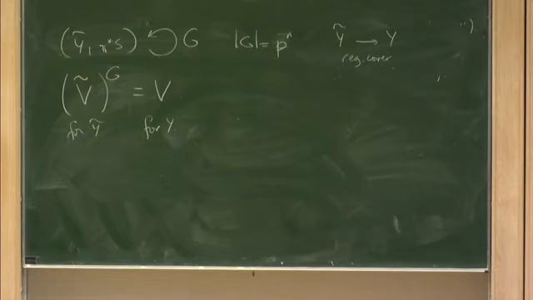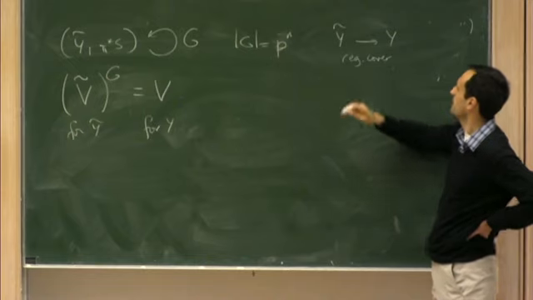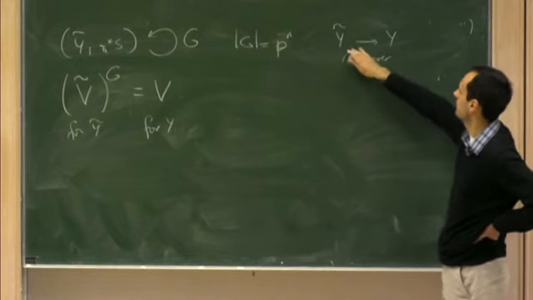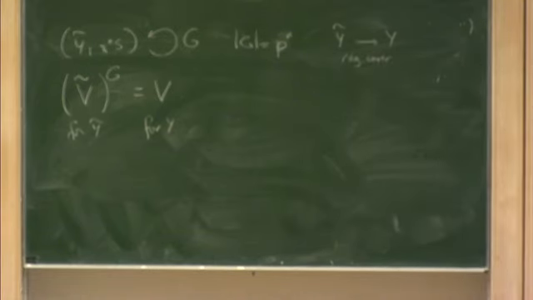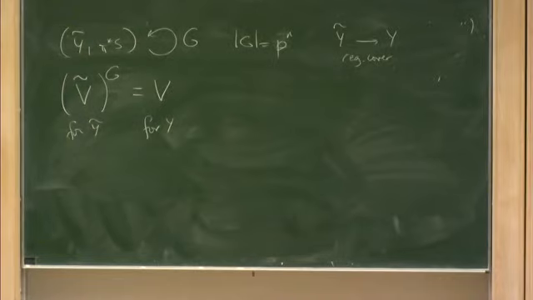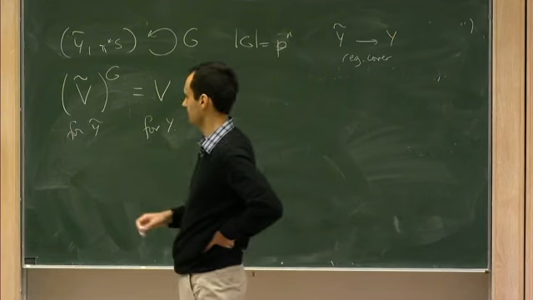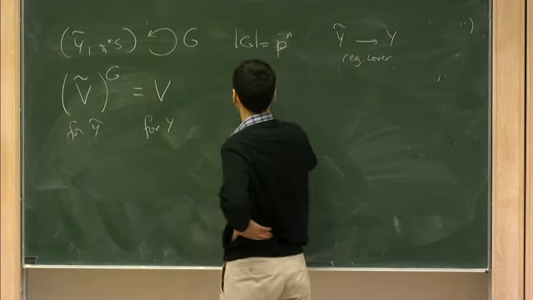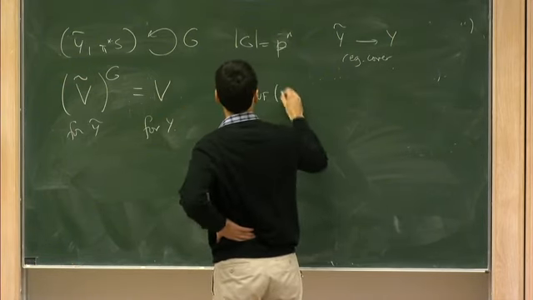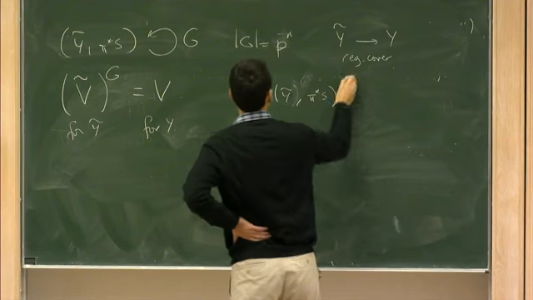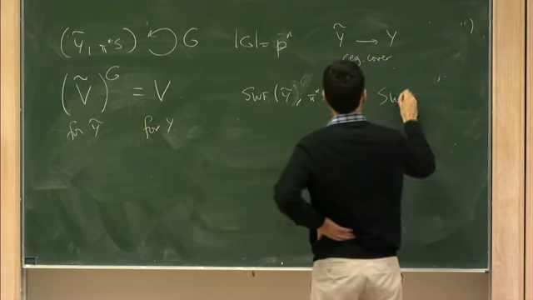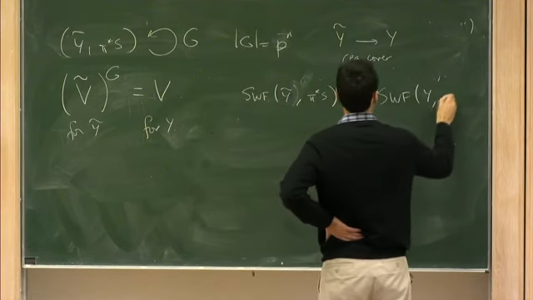If you look at functions on Y tilde, the things that are invariant under G are exactly the ones pulled back from Y. So the fixed point set is V, and you can look at this Conley index, and what you get is SWF of Y tilde, pi star s, and the fixed point set is SWF of Y, s.